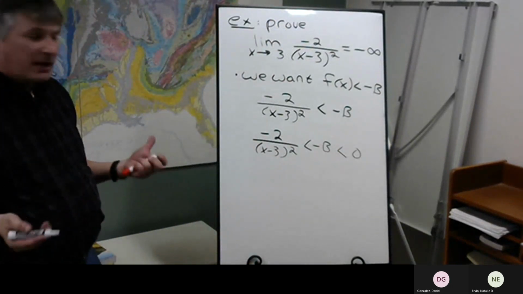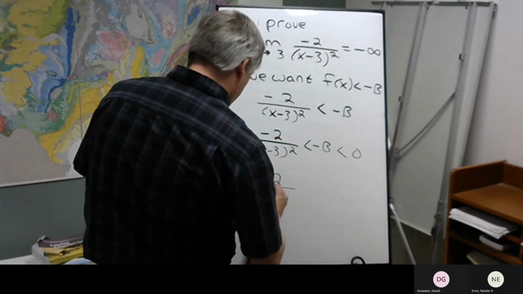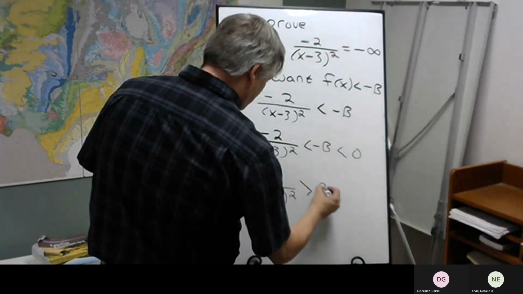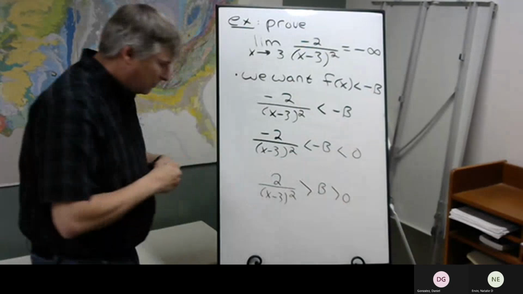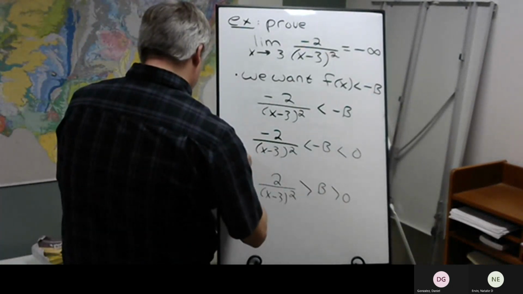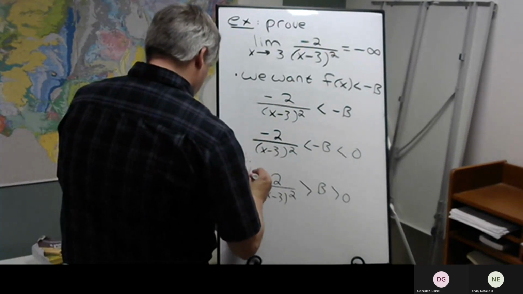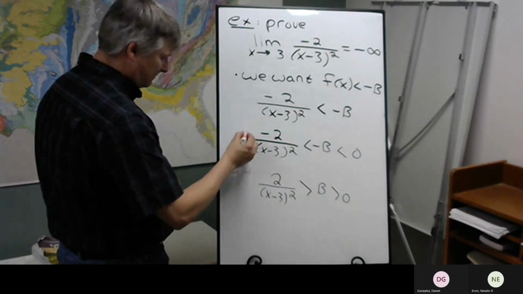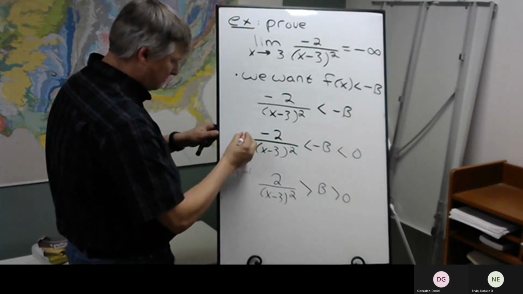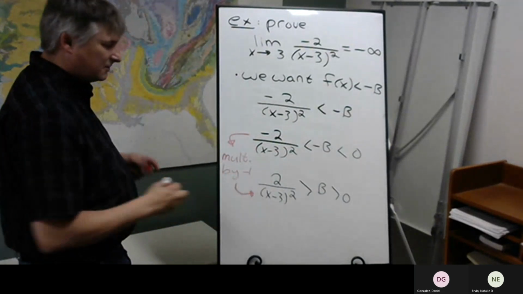And if we multiply through by -1, I'll make a little note about that. What we do here is we just multiply everything by -1. So that's how we get this.